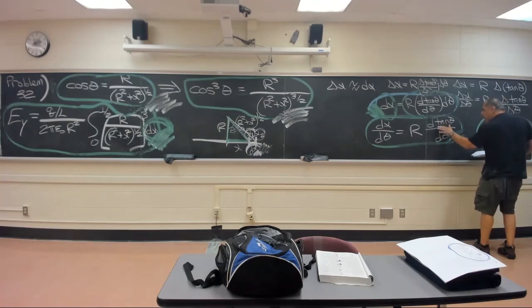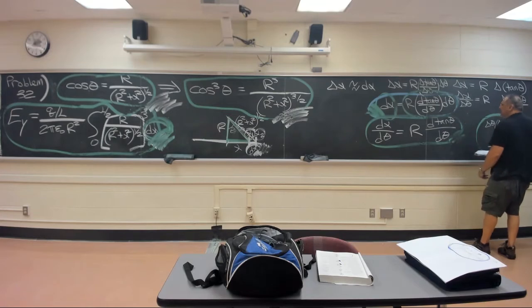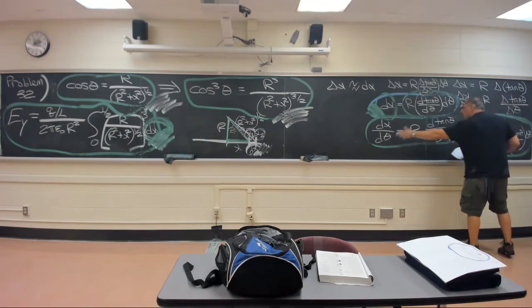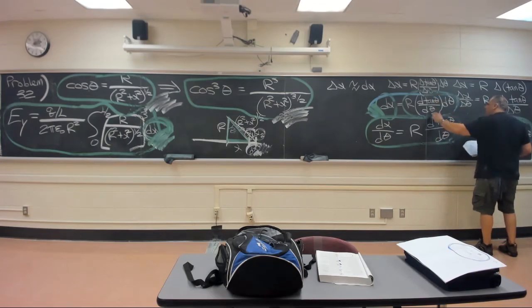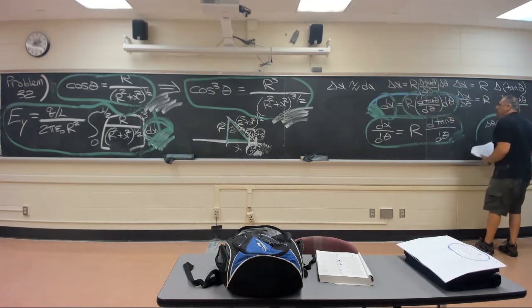D tan theta is really what it is at the end of the day, but let's have an expression for d tan theta in terms of d tan theta d theta times d theta. So you leave it like this. You multiply by d theta on each side. That really does cancel out, and you got d tan theta. But d tan theta is the derivative of the tan of theta with respect to theta times d theta.